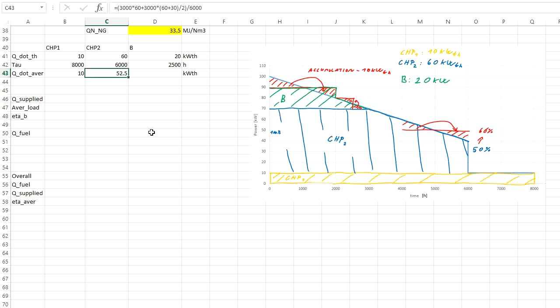So it's 52.5 kilowatts thermal on average.